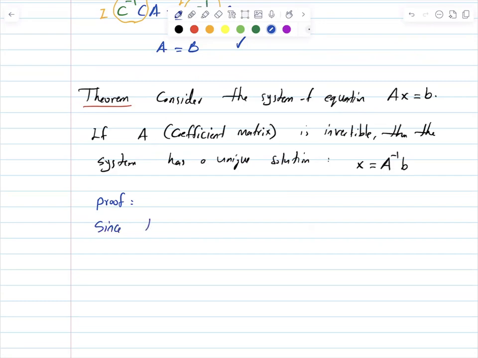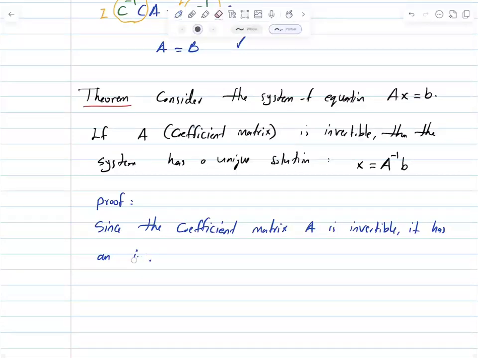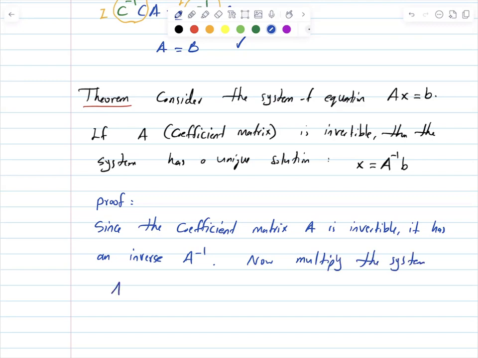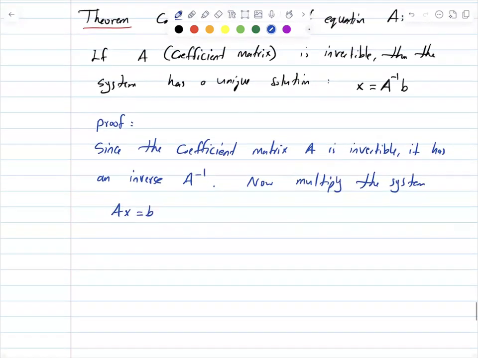Since the coefficient matrix A is invertible, it has an inverse. Let us call it inverse of A. Now multiply the system AX equals B by the inverse of A. So what do you get?